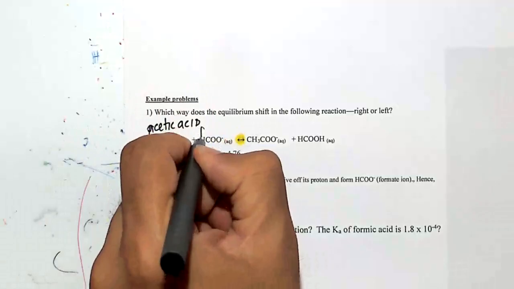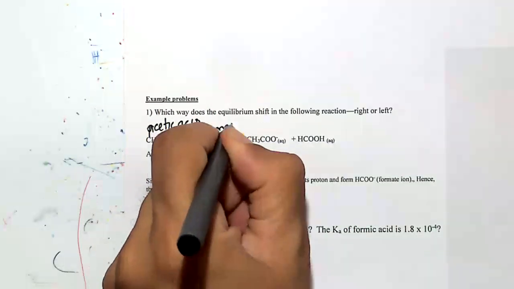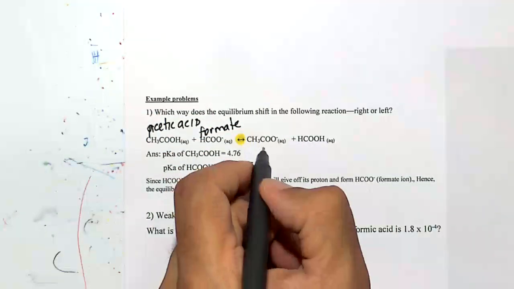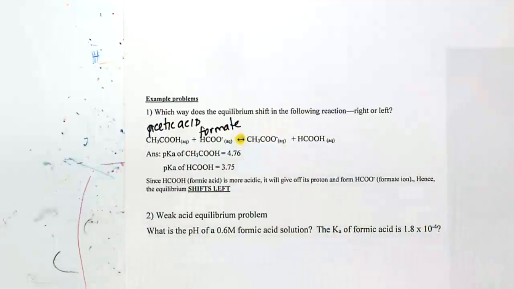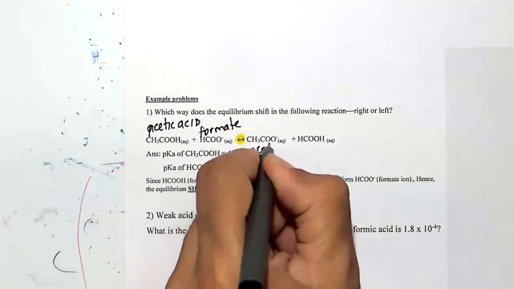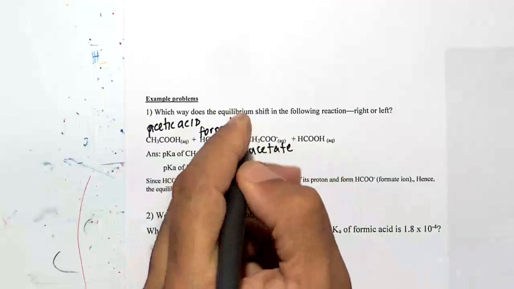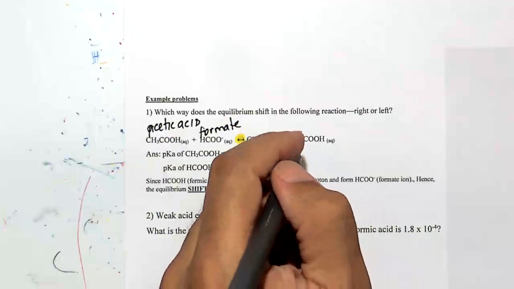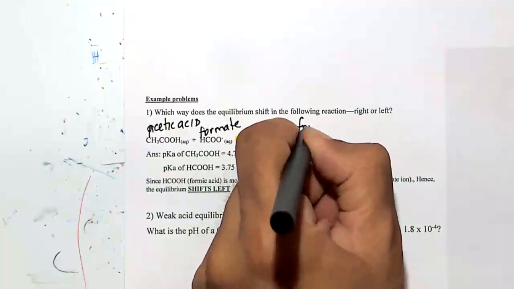Okay, here we have formate. Here, the CH3COO minus is called acetate. Okay, I'll give you these formula names. HCOOH is called formic acid.